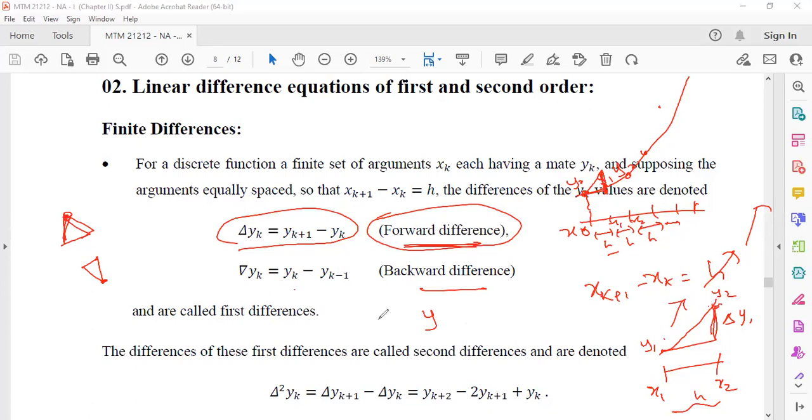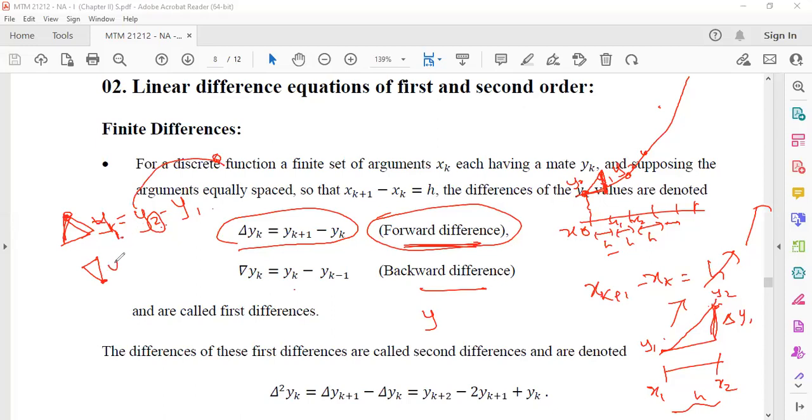So if I say delta yk, which is equal to y2 minus y1, this is the next point of y1. If it is y1, I need to take y2 minus y1, okay? The next point minus this point, okay?